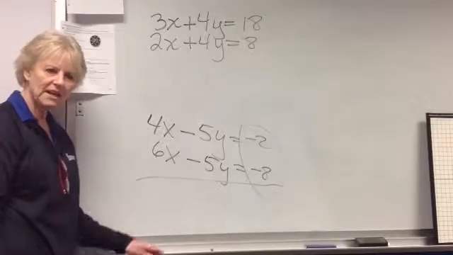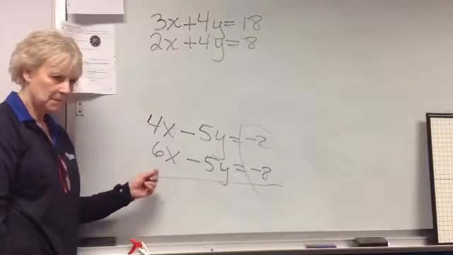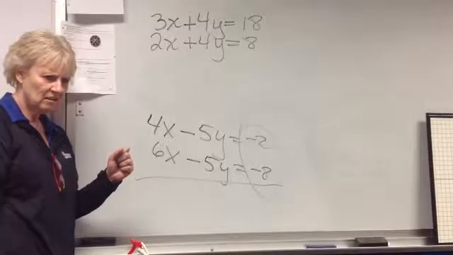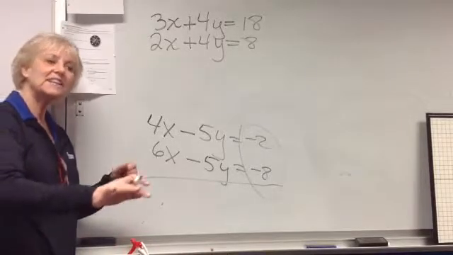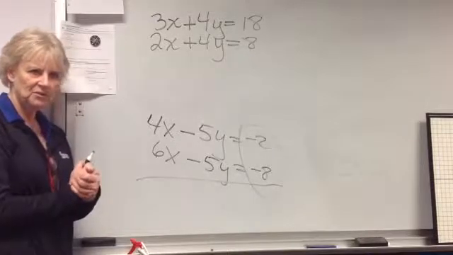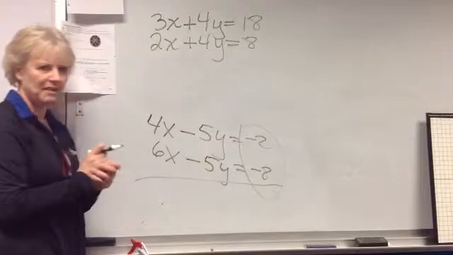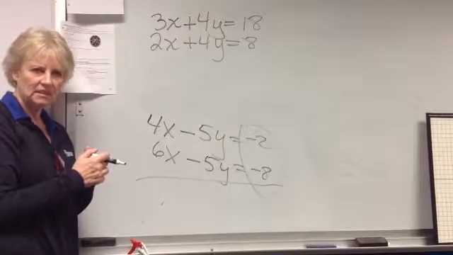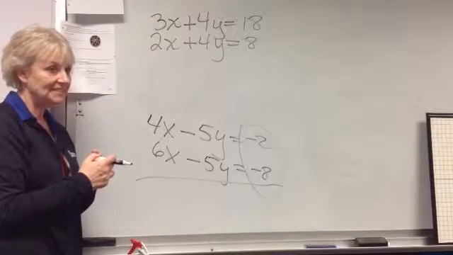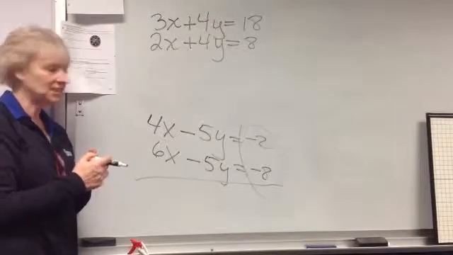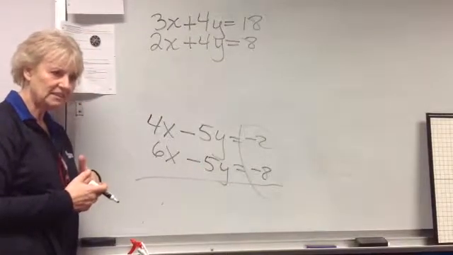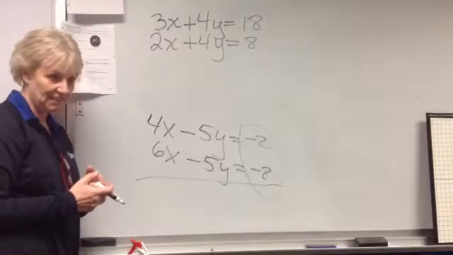If you added the top and the bottom, you'd get negative 5 plus negative 5, which is negative 10. I'm just asking you to subtract those. What do you get? 6. You know what most kids will put? Negative 10. I don't teach it with subtraction, and if you subtract these, you would get nothing. They'd be gone. If you add them, you get negative 10.